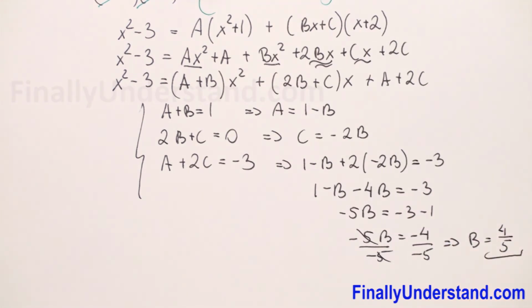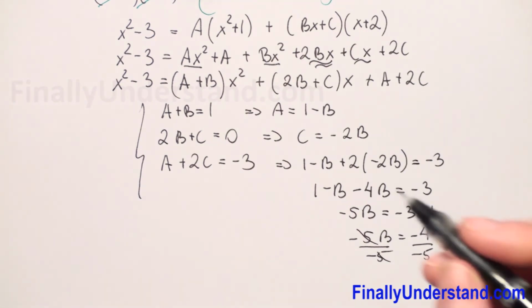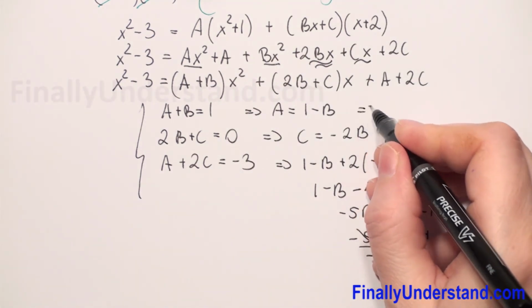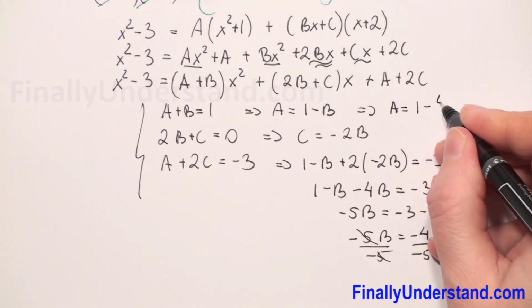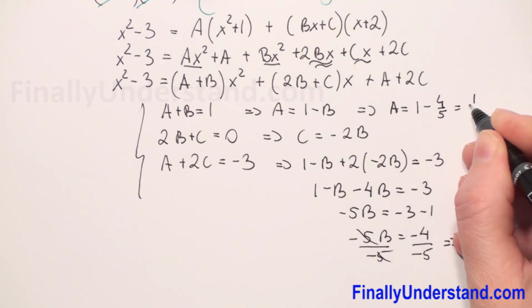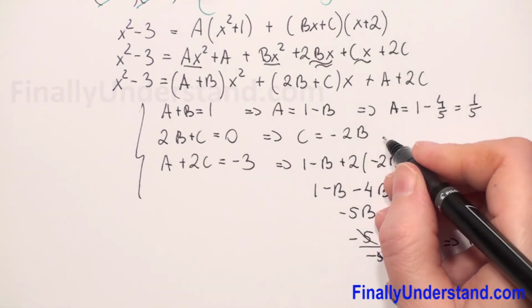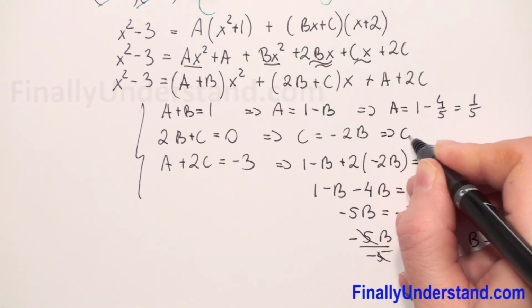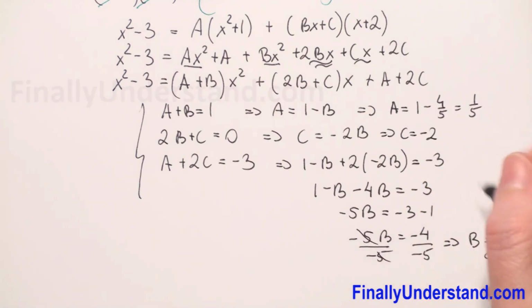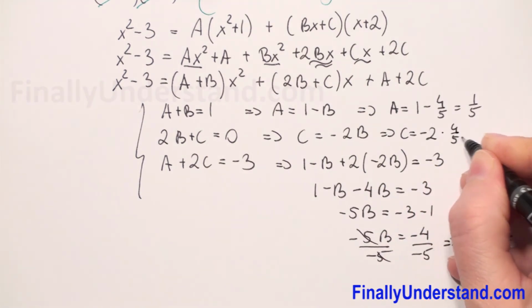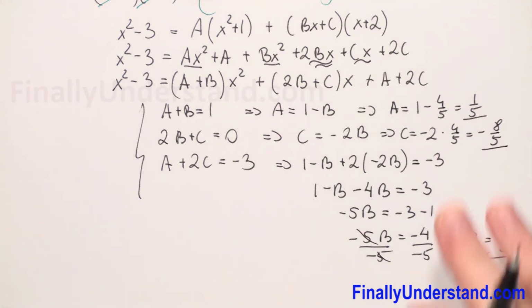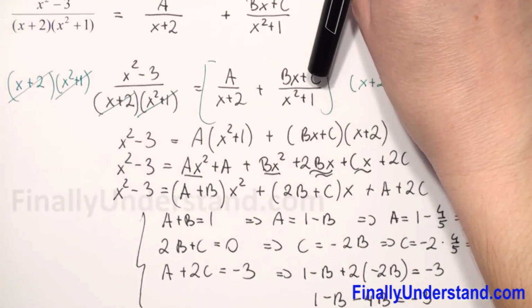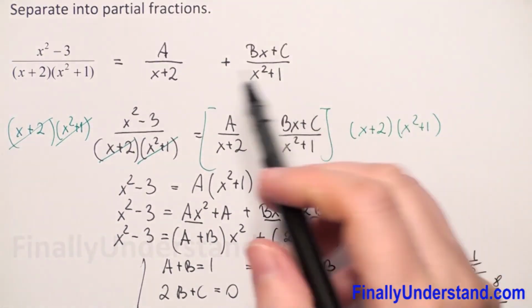We found b, so next we need to find a. So a is equal to 1 minus 4 over 5. So this is 1 over 5. And c will be -2 times 4 over 5. So this is -8 over 5. We have a, c, and b. So now we can come back to our partial fractions and substitute a, b, c.